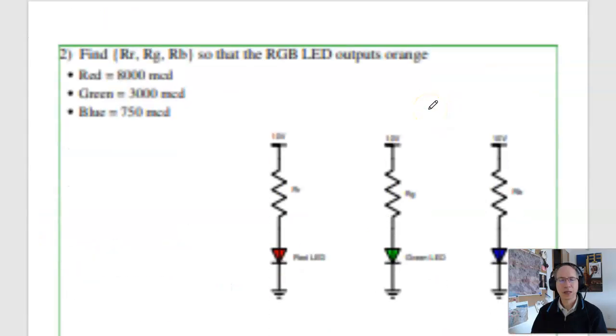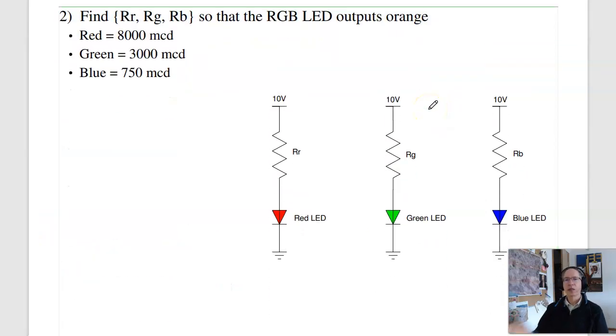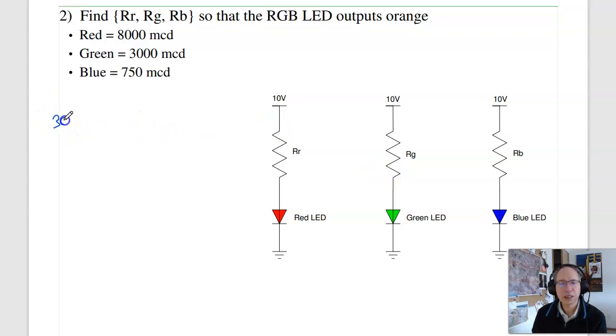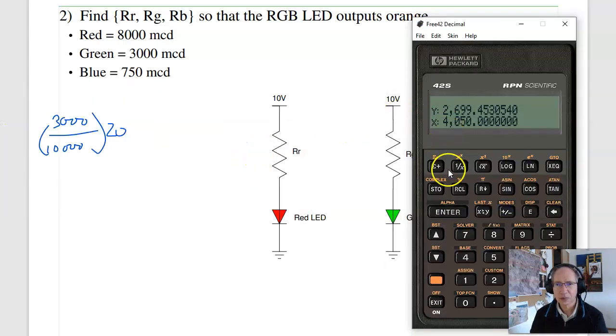The second one, find the resistors so that the green LED is outputting 3,000 millicandles. And again, what I would do is I need to first find the current. The rated current is 10,000, so it's this percentage of rated current. Rated current is 20 milliamps. So I need 3/10 of 20 milliamps.